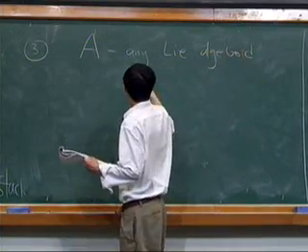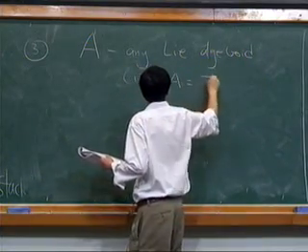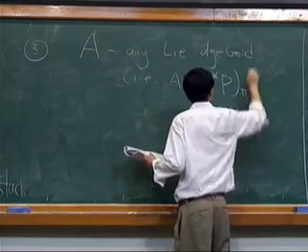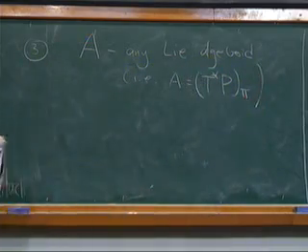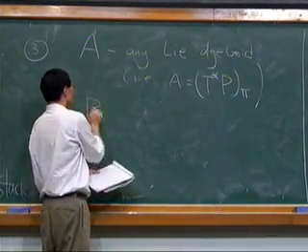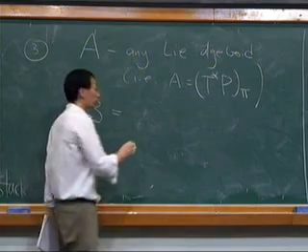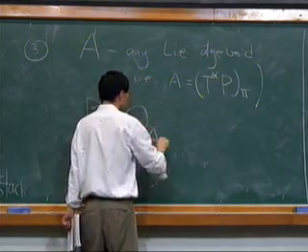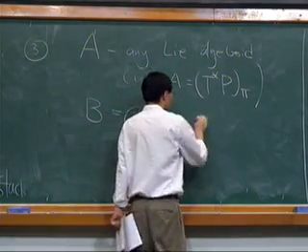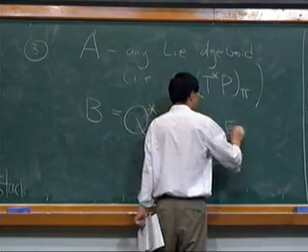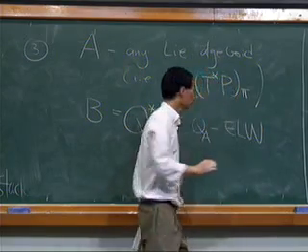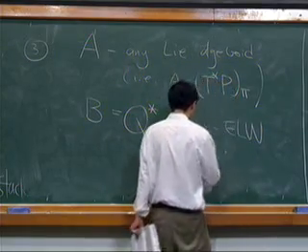For instance, A is the cotangent bundle of a Poisson manifold with the standard Lie algebroid structure. And B is a line bundle, which is Q A star. The dual of this line bundle, Q A, is the Evens-Lu-Weinstein module.